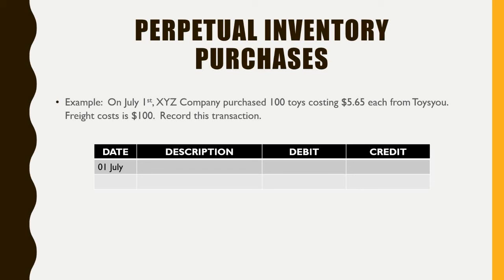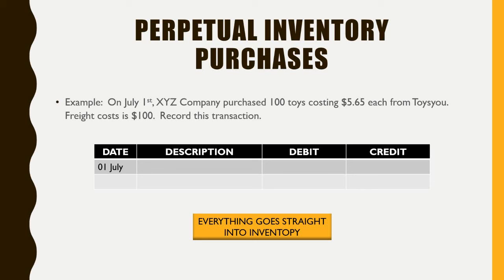Since we're treating our purchases and dropping them all into inventory, I specified exactly what I bought. What did I buy? Toys. So everything's going to go into inventory, and in this case my inventory is toys. Inventory is just the main account, and I can sell toys, bikes, anything.